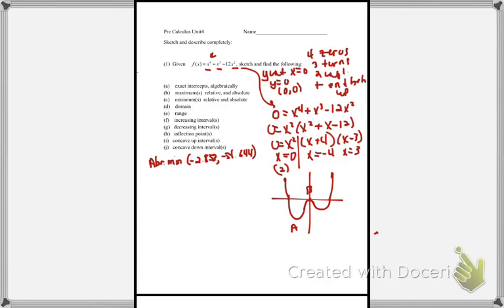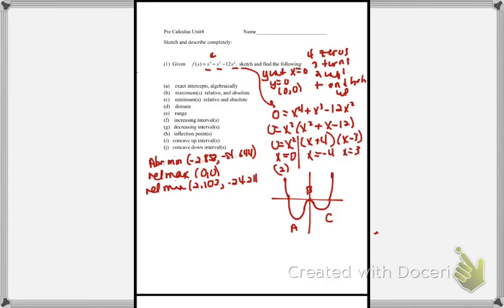We find B, your relative max, and we knew that at the 0, 0, that's where your roots were. And C is another min, but this one's your relative min, and you put this in your calculator, and you will find your values at your relative min.